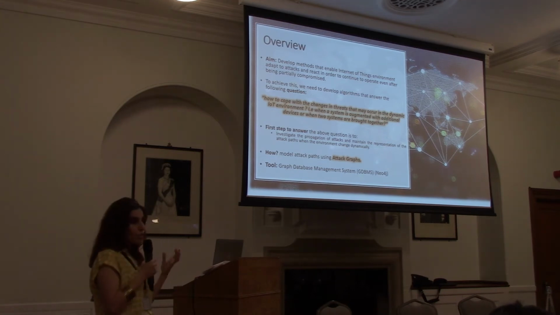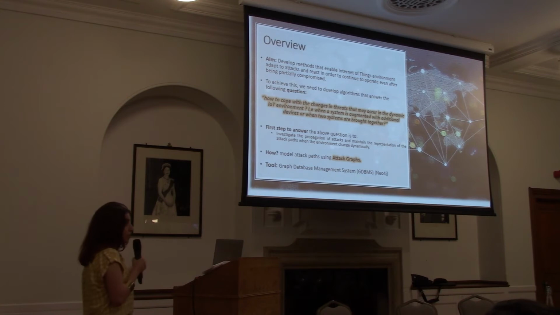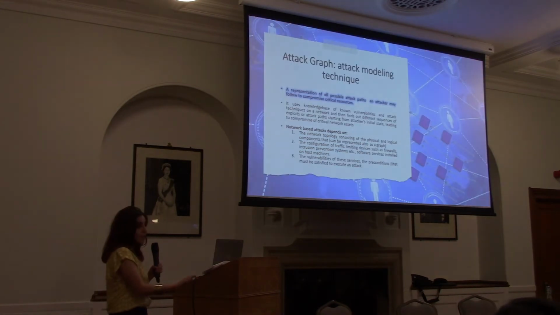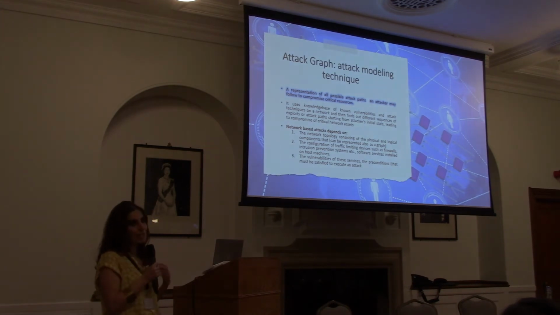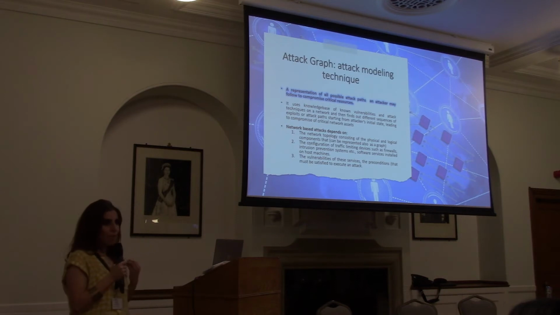To answer this question, the first step is basically to understand how attacks propagate when the environment is changed. We need to represent the attack path using something called attack graphs. We implemented our work using a graph database management system, Neo4j. All our work is mainly related to attack graphs. An attack graph is a representation of all possible attack paths that the attacker may follow in order to compromise a target.